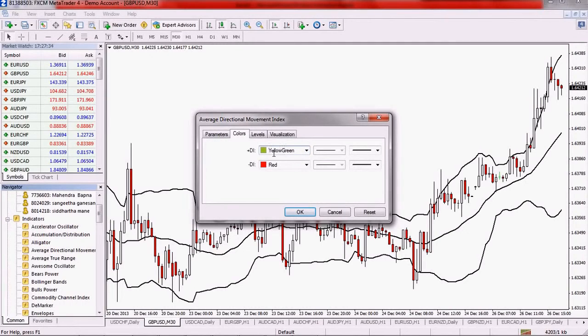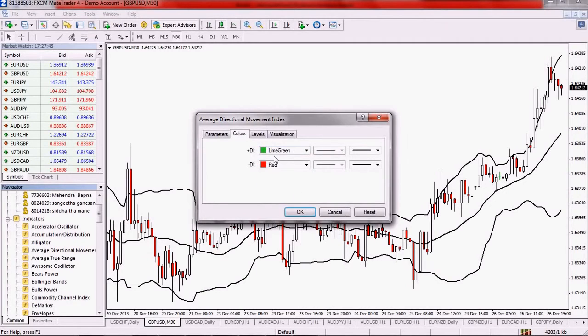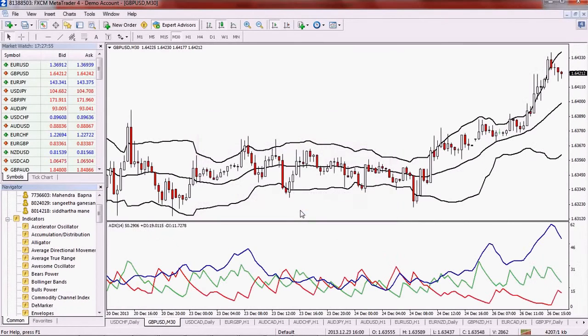Put the plus DI as a green color, like medium sea green, and the minus DI as a red color. You don't need to use any levels here. Okay, and click OK. So this is the ADX indicator.